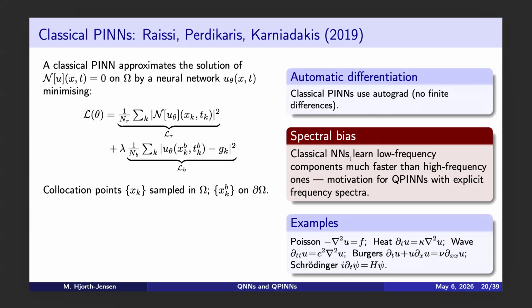And the classical neural networks normally learn the low frequency components much faster than high frequency ones. And that is a motivation for quantum PINNs with explicit frequency spectra. And the examples we are going to look at are the Poisson equation and also the heat equation. And then there are some slides at the end here about the Schrödinger equation.